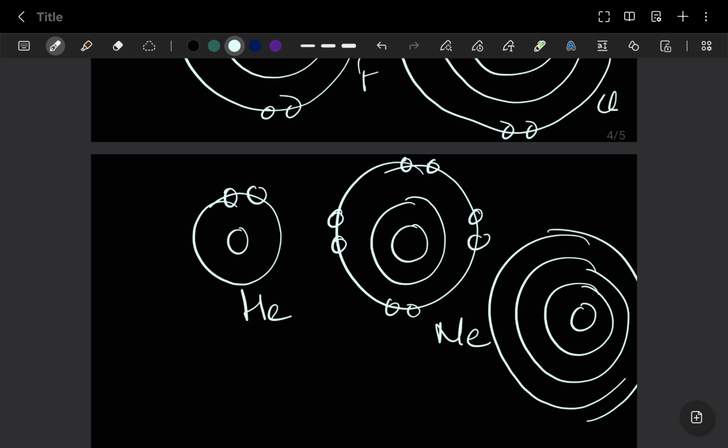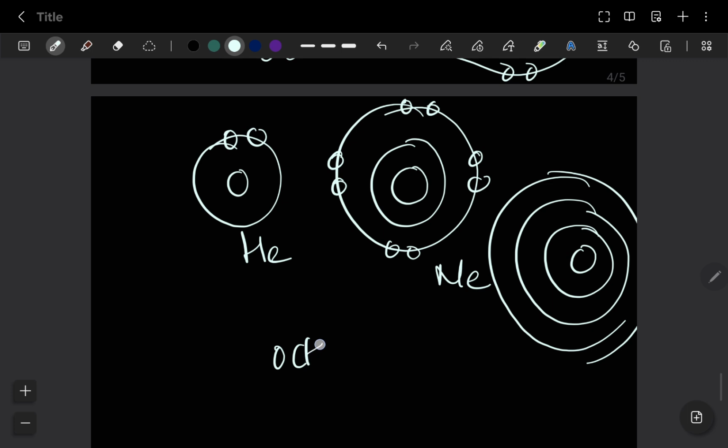Okay. One more thing, I told you that the probability of having maximum electrons in the third shell can be 18. But there is the octet rule, and that the shell can have maximum 8 electrons. It will try to have 8 electrons to be stable. There is the Aufbau principle, right?